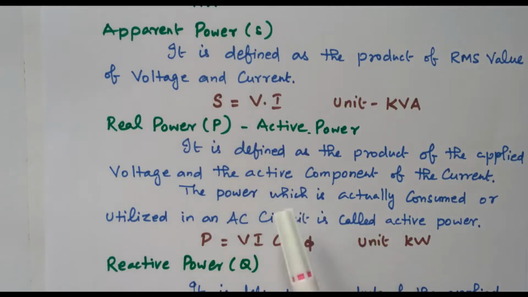Real power is the power consumed for energy conversion. That is represented as P equal to VI cos phi. The unit is kilowatt, right? So this is the active component that is actually consumed in the circuit.